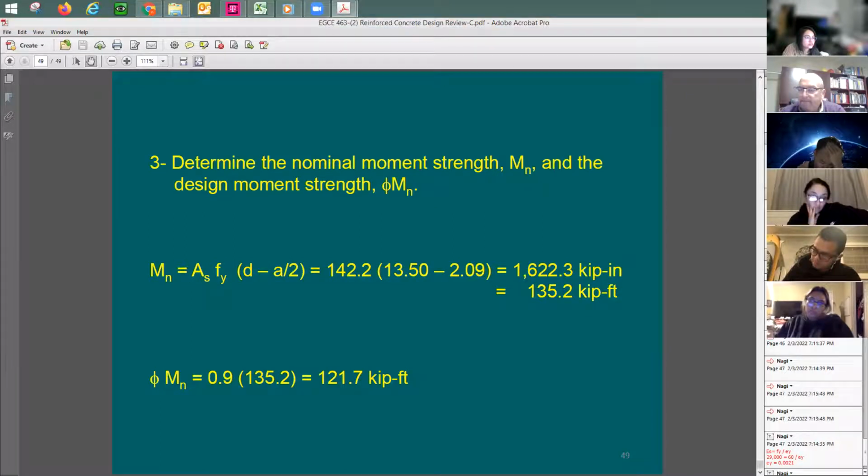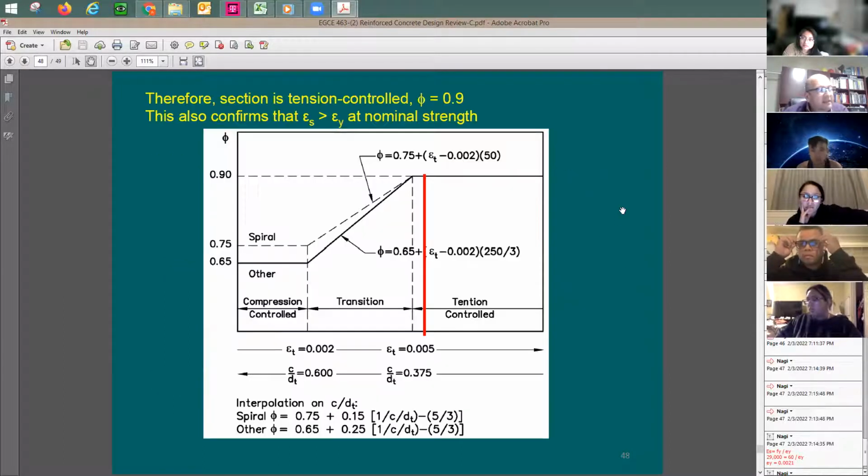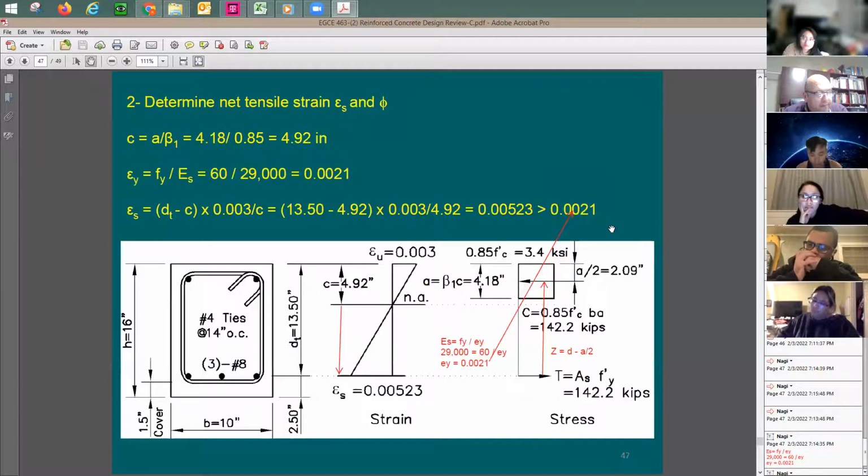Excuse me, just wondering if in real life the strain rate for the steel is the same as concrete, or we just assume that. Say it again, the strain what? The strain rate, how the steel strains versus how the concrete strains. Because in this we assume that they both strain at the same rate.